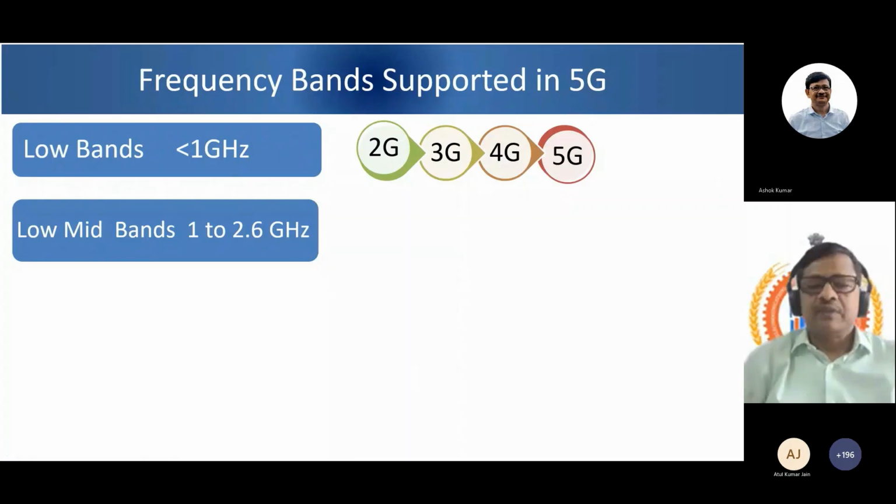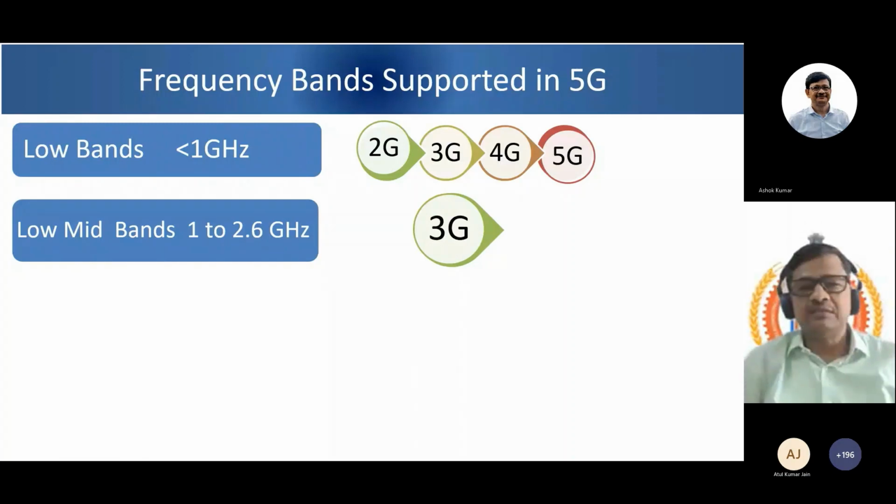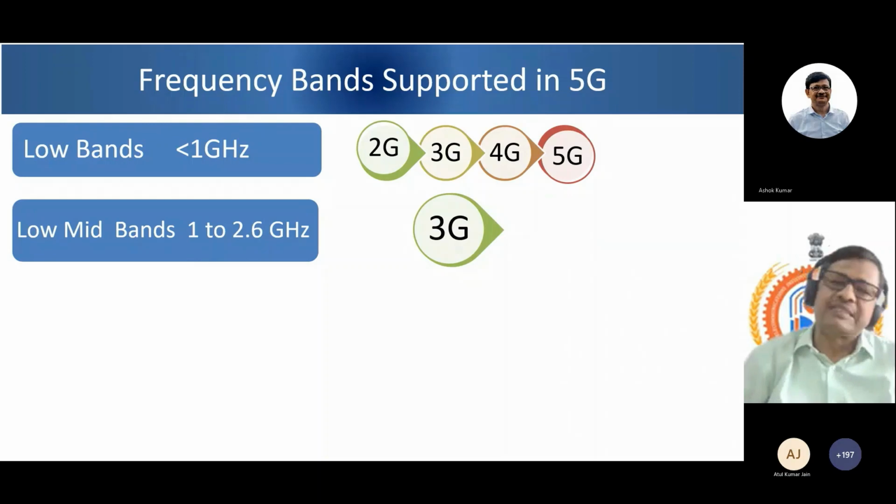Any answer? So yes, 3G operates. You may know that 3G was deployed on the 2100 megahertz band, and also somewhere at 1800, 1900 megahertz, right? So 3G is using this particular band, and also 4G.